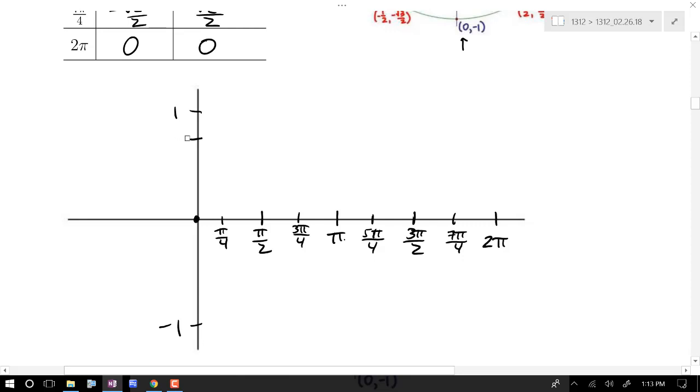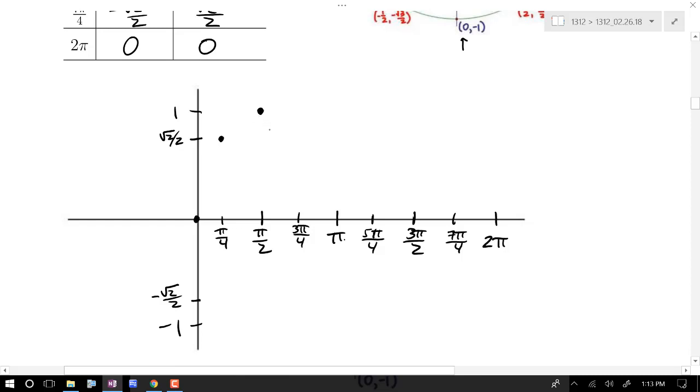So that's probably about here. At pi over 4, we're up here. Then at pi over 2, we're up there at 1.